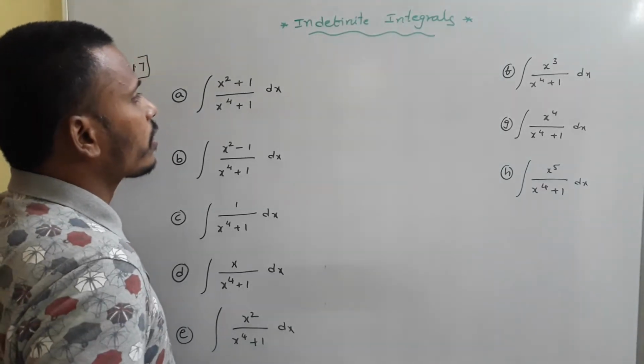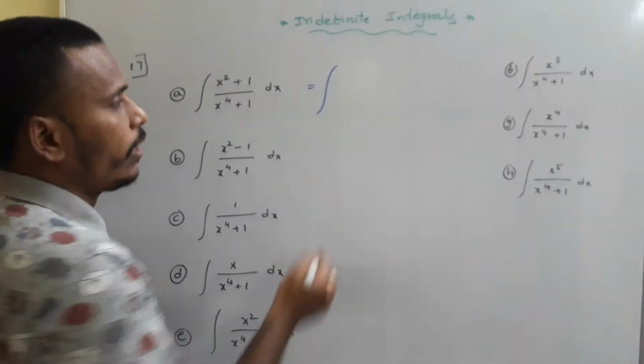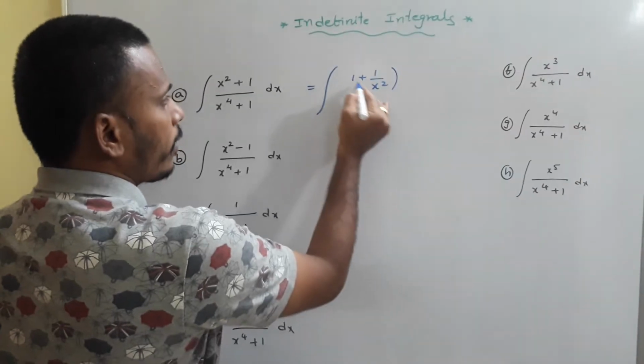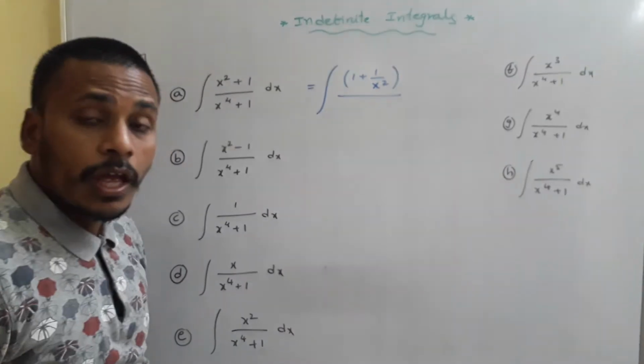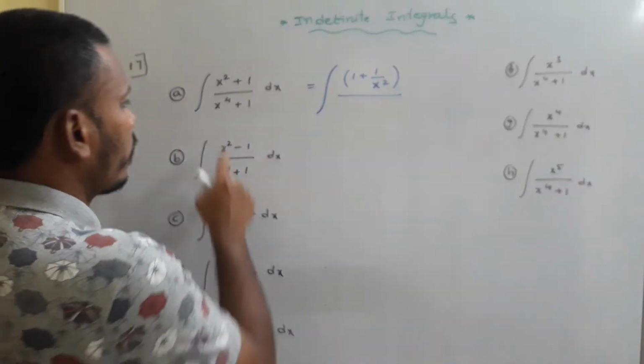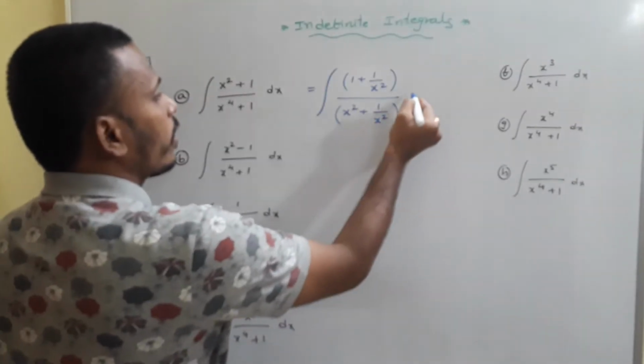If you divide by x square, what will happen? Dividing the numerator by x square, you get 1 plus 1 by x square, divided by. When you divide the denominator x power 4 plus 1 by x square, x power 4 by x square is x square and 1 by x square is 1 by x square, dx.